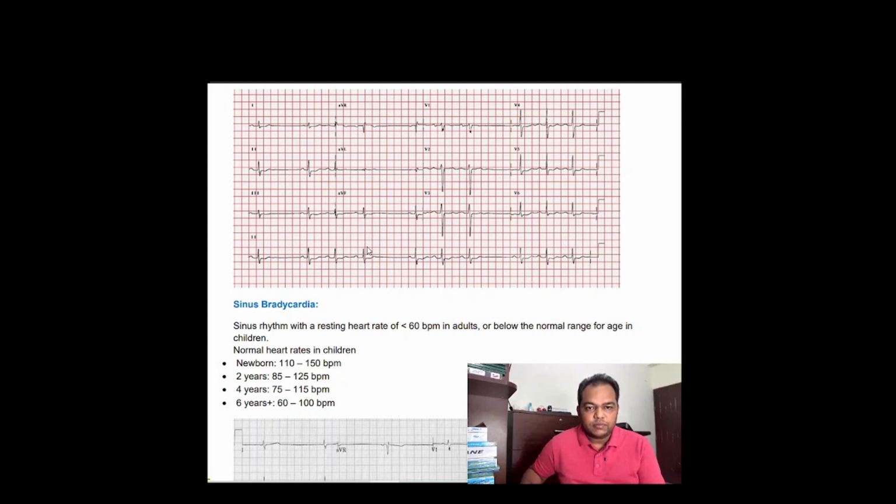P waves followed by QRS complex. But suddenly there is no P wave. This is called sick sinus syndrome. That means the SA node is injured or there is a lesion in the SA node, so the SA node occasionally cannot produce an impulse.